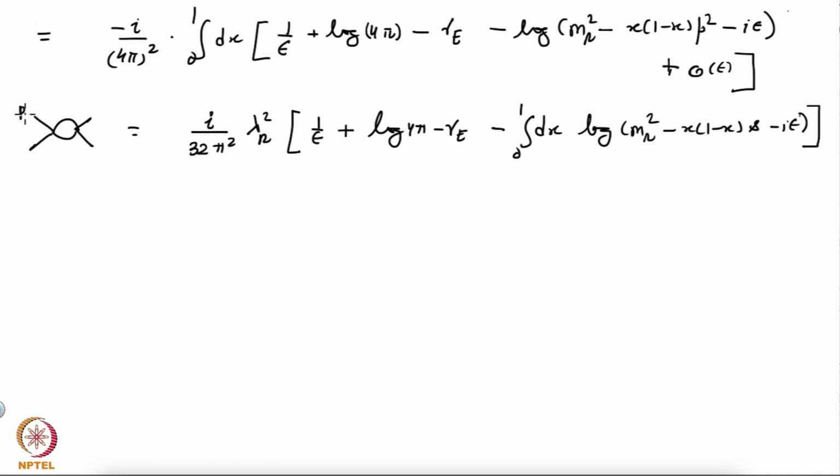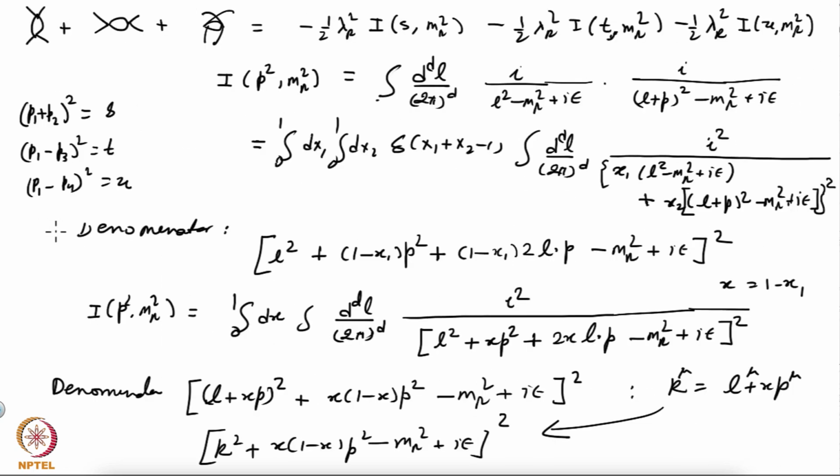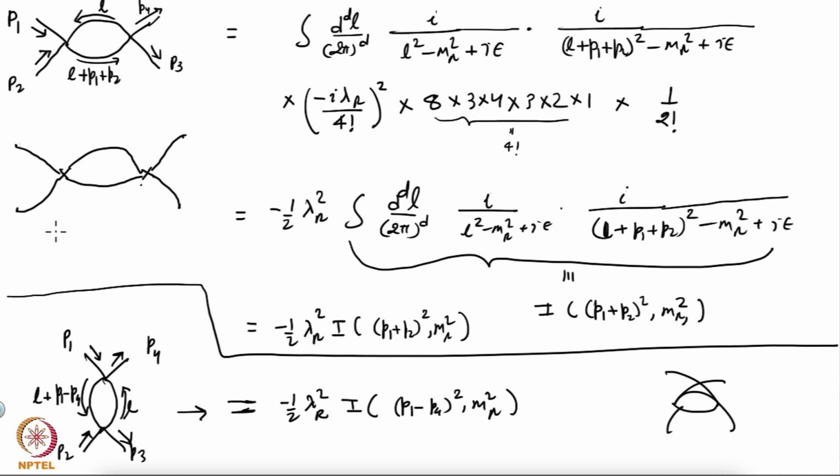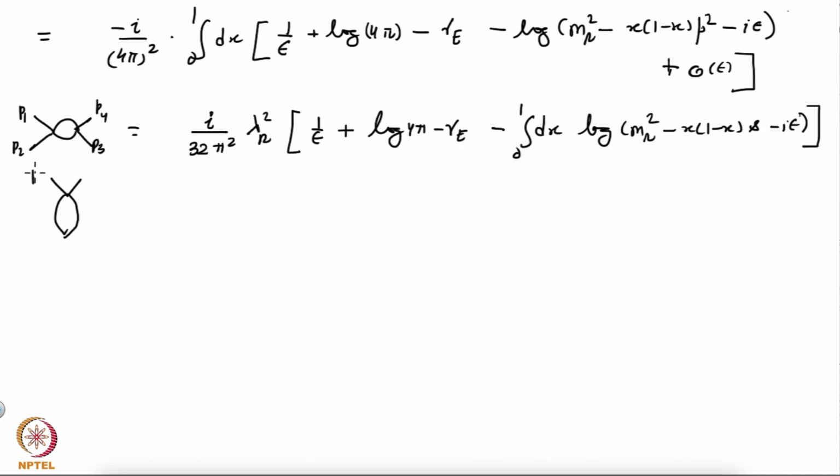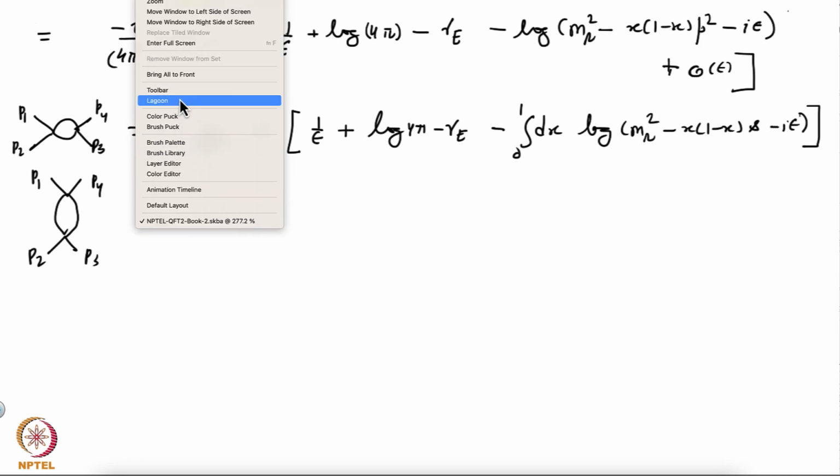Okay, this is P1, P2. And then you have this diagram. Let's go back. This one involved P1 minus P4, that is u. Okay, so let's write this. So this is again the same thing. Let me see if I can just copy paste.